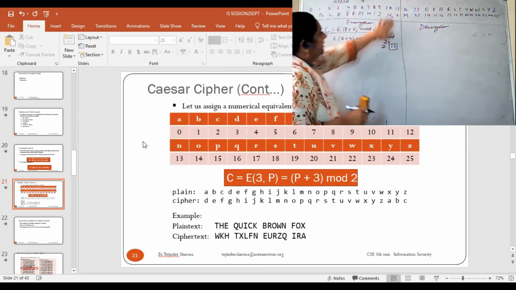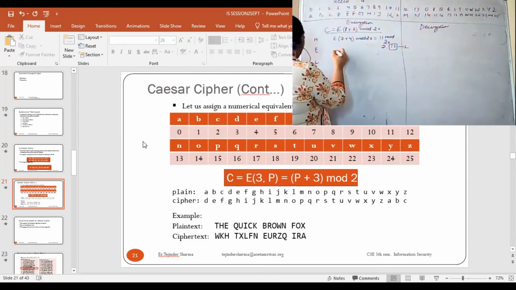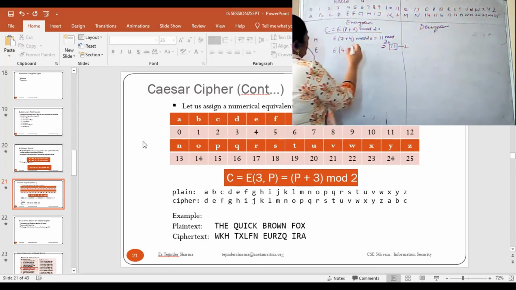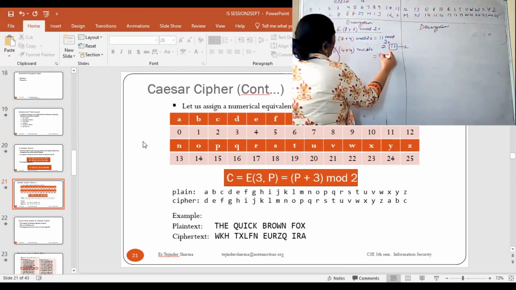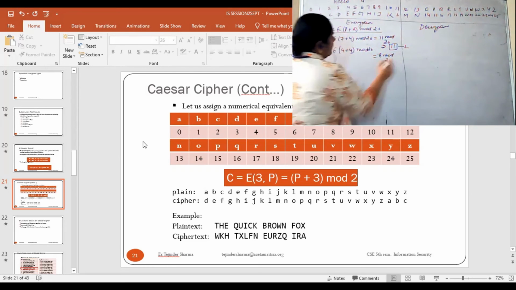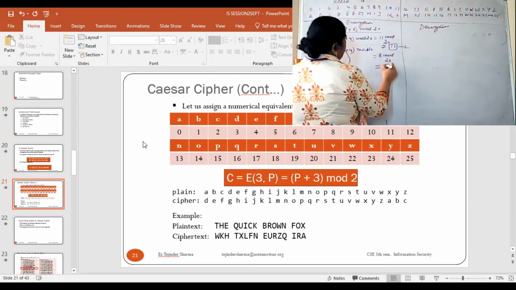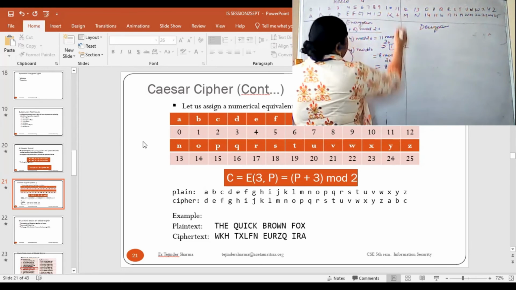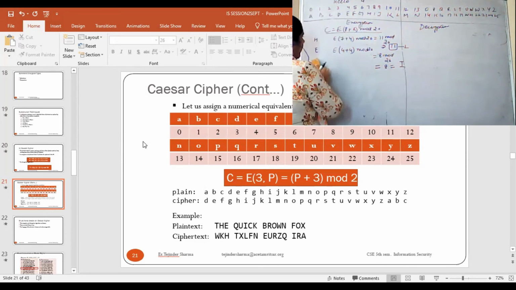Now see the character at 11th position, that is L. Now for the encryption of E, it is at fourth position, 4 plus 4 mod 26, that is 8 mod 26. Now what is the modulus operator? It gives you the remainder. So it will give you 8 only, and at the 8th position you have I, so you will write I.